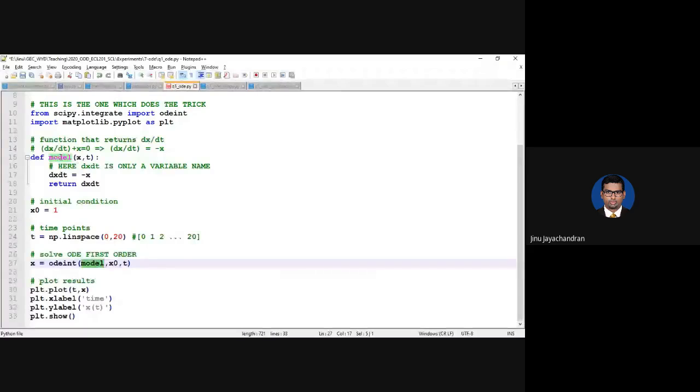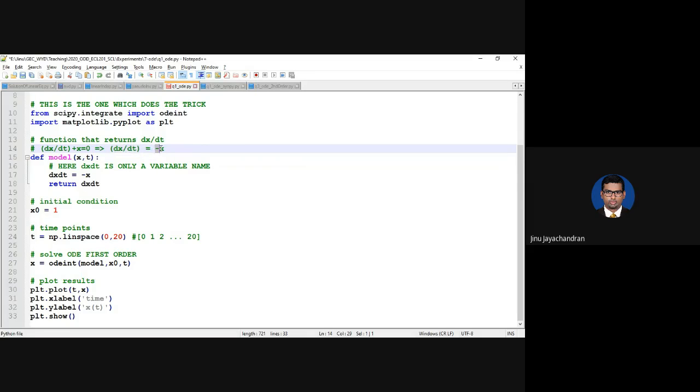So model is a function name which I give, and it accepts two inputs. First is the dependent variable, which in this case is x in dx by dt. So x is my dependent variable. And the second is the independent variable, which is t. Okay. So if I want to return something, then I should return the RHS of the equation, in which the LHS is only dx by dt.